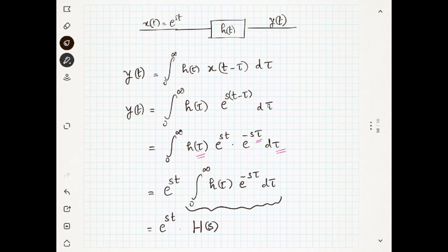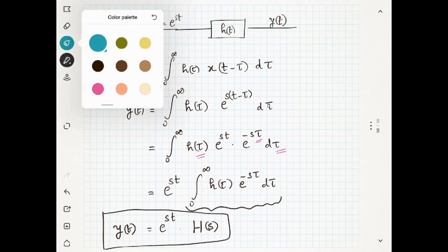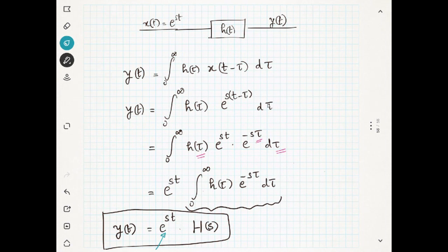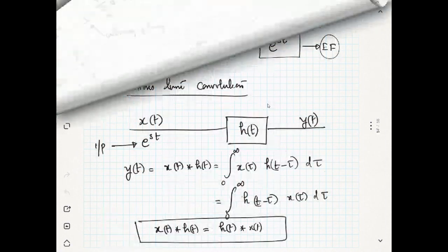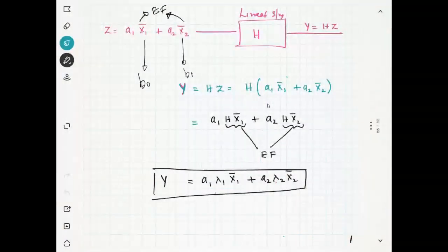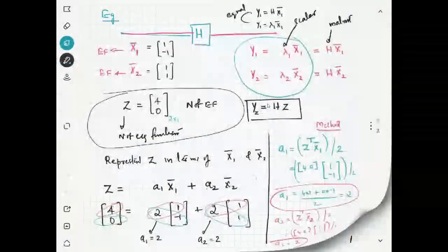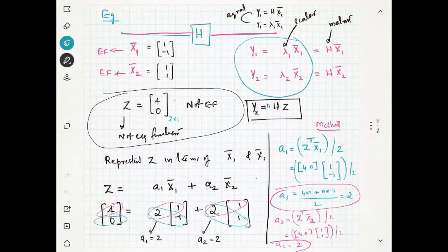So in y of t, what is there? In y of t, you can see my eigenfunction is repeated. Remember, in the previous example, I told you, this is the eigenfunction, and lambda is the eigenvalue.